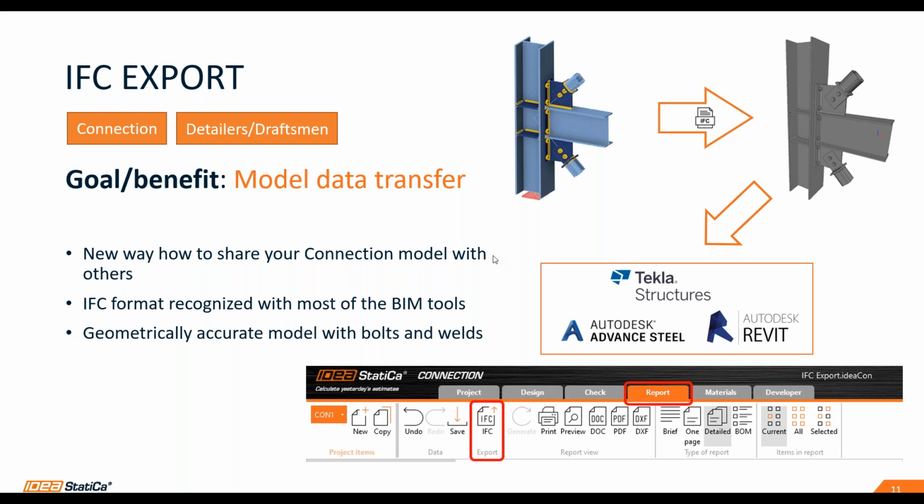It was there for some time, but the big improvement is that we also added the IFC format. So you will see in our quick demo that both ways work: either from the connection app directly, you can export into IFC, or from the cloud viewer.